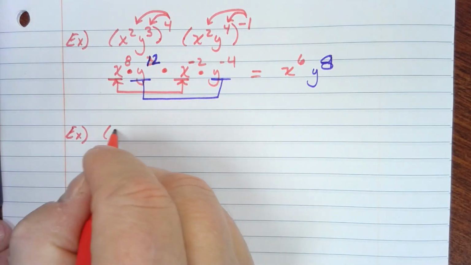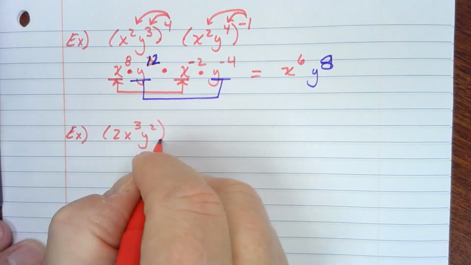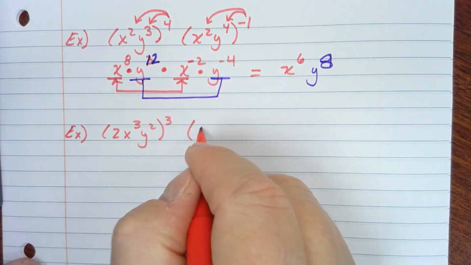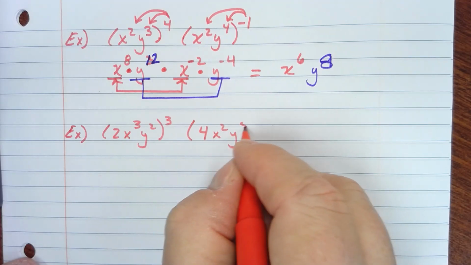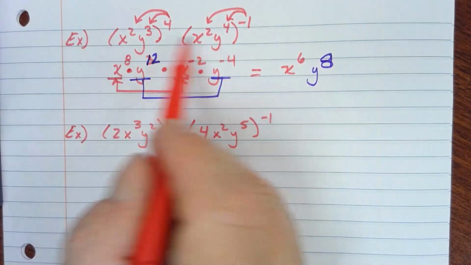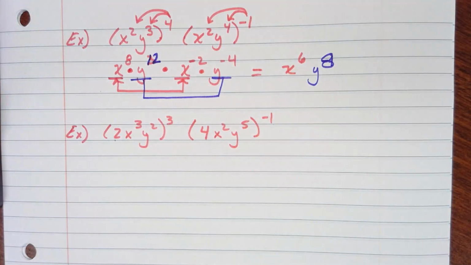So now I have 2x cubed y squared raised to the 3rd power times 4 x squared y to the 5th raised to the negative 1. Now, what we notice here is now different from up here is now I've got these coefficients in here.